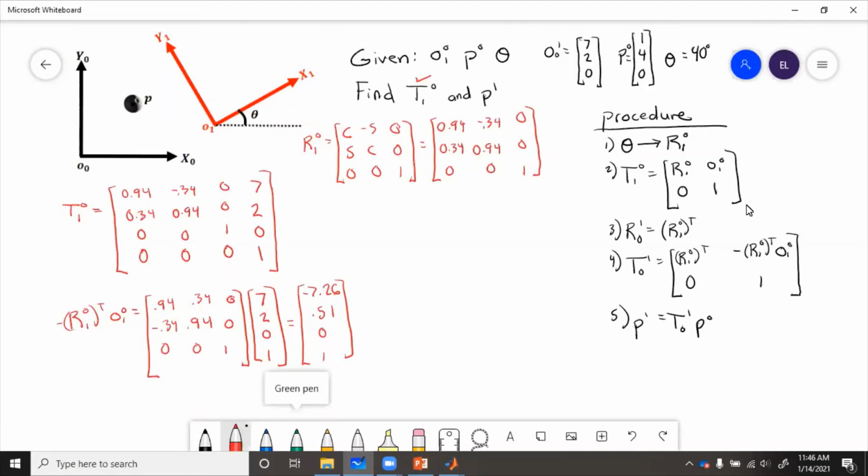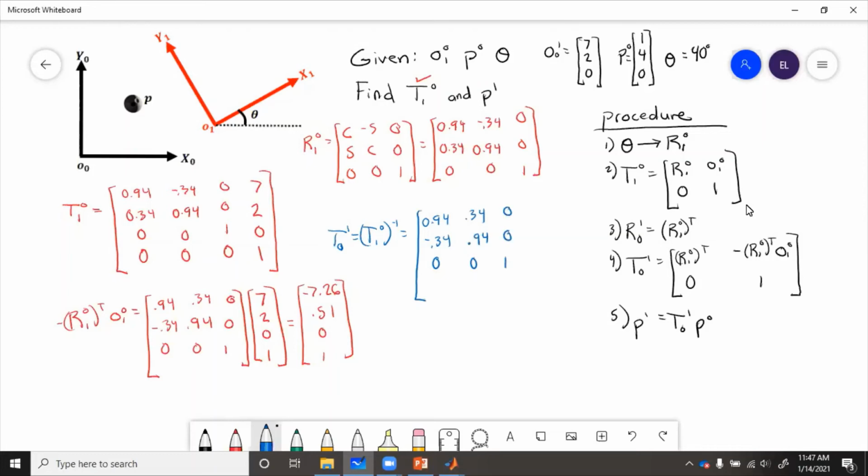So then to get this, we have T01 equals T10 inverse, which equals that rotation inverse, which is the same as this one, 0.94, negative 0.34, 0, 0.34, 0.94, 0, 0, 0, 1.